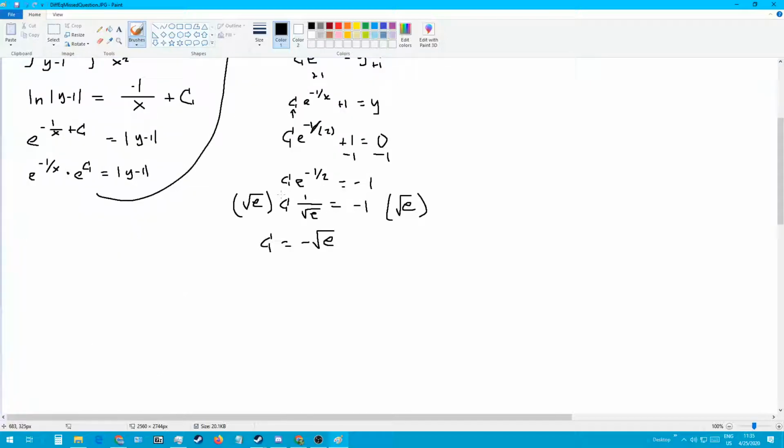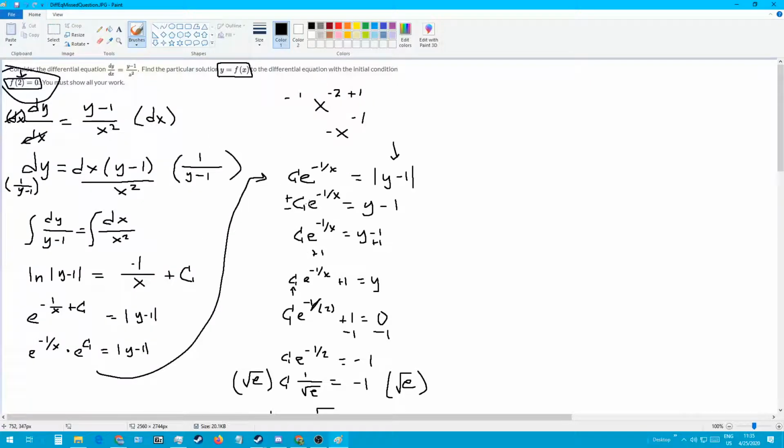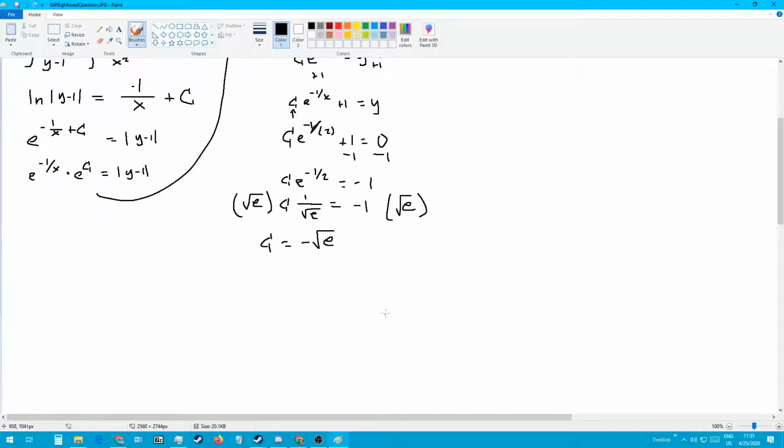So now we plug this back into our equation, and we should get our final solution as negative root e times e to the negative 1 over x, plus 1.